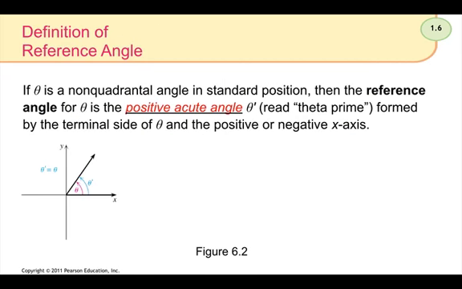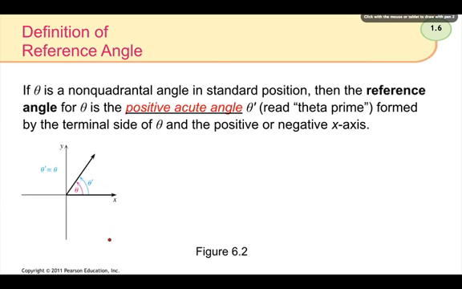This is the definition of reference angle. Follow along. It says if theta is a non-quadrantal angle in standard position, then the reference angle for theta is the positive acute angle theta prime formed by the terminal side of theta and the positive or negative x-axis. So here's this figure.